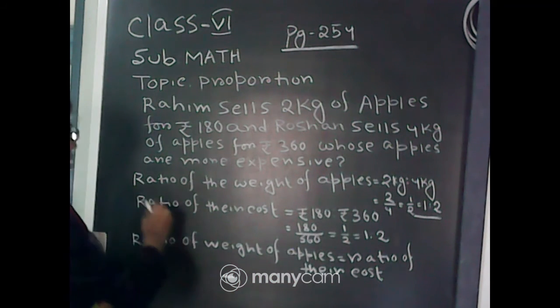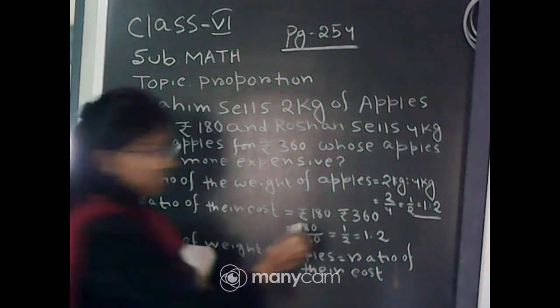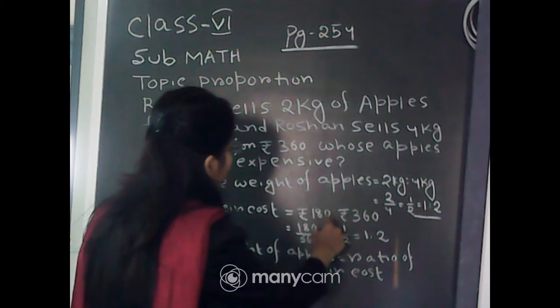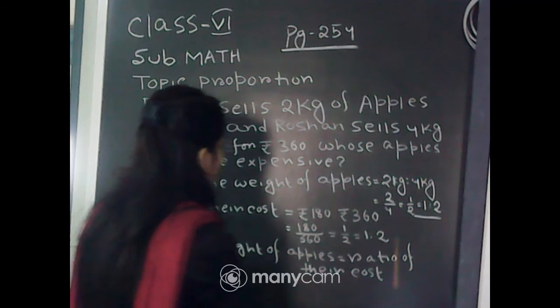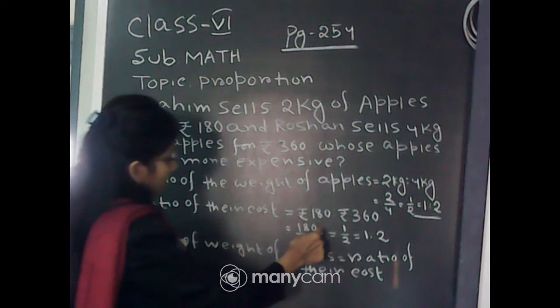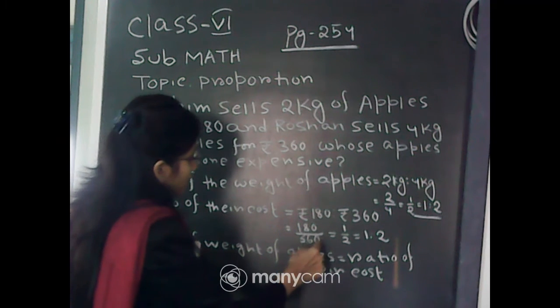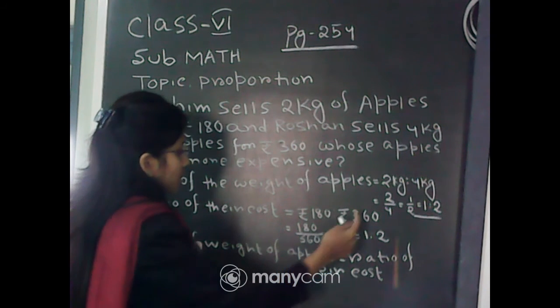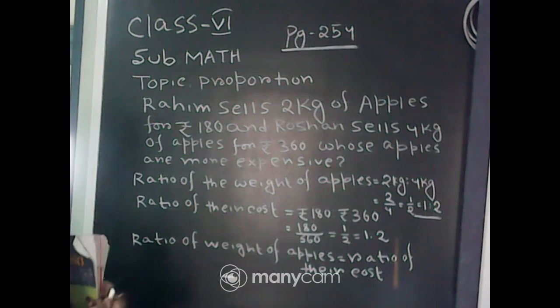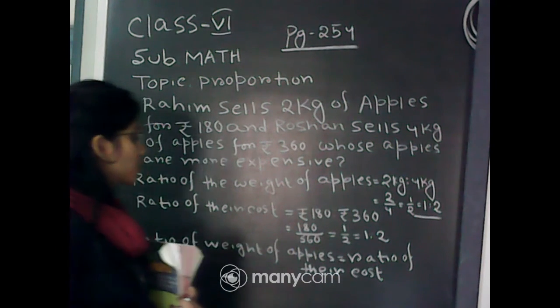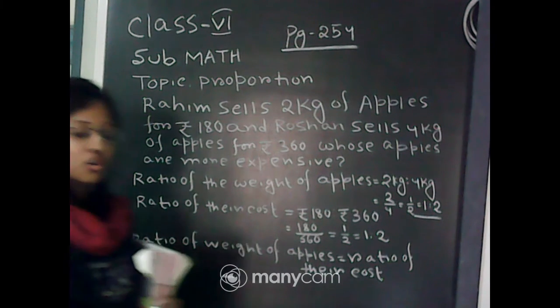Again, the ratio of their cost is equal to rupees 180 is to rupees 360. We can write this as 180 divided by 360, that is 1:2. Therefore, ratio of the weight of apples is equal to ratio of their cost.